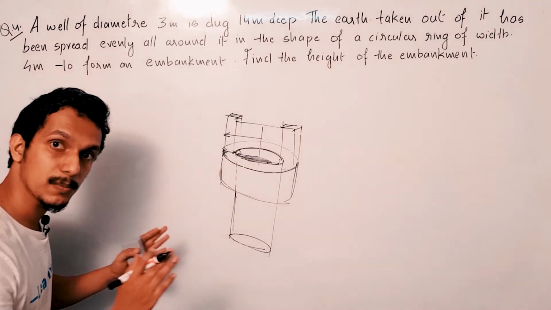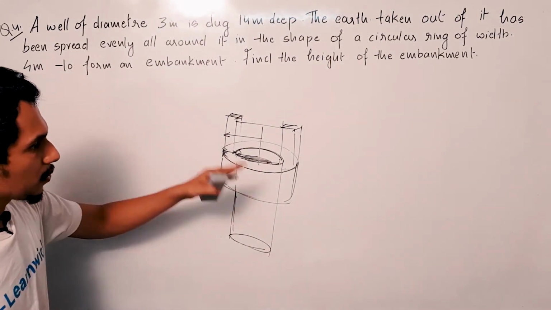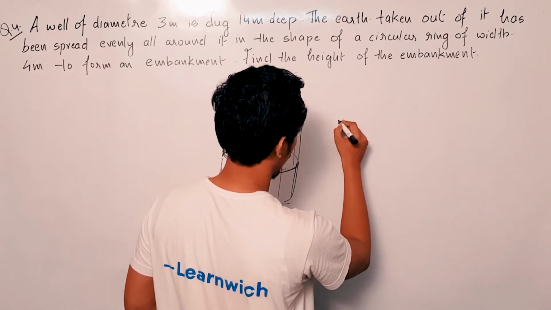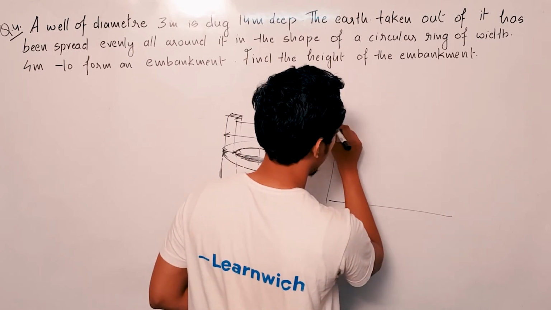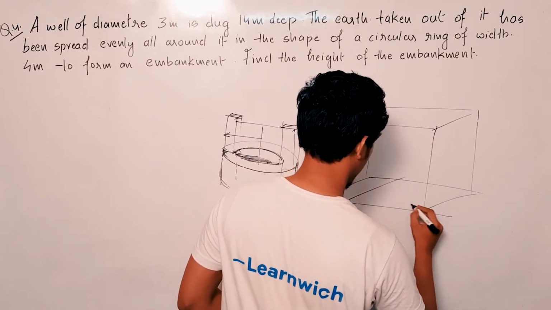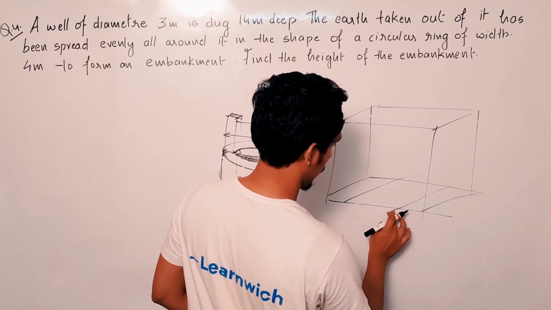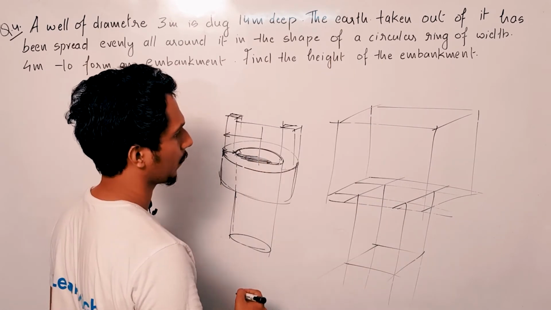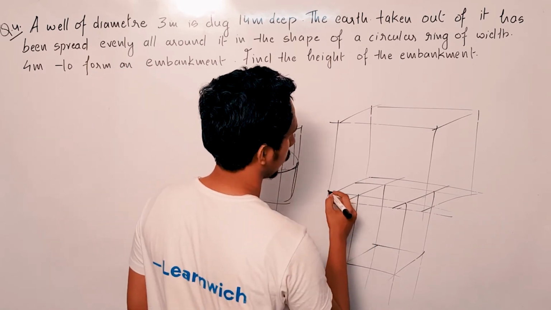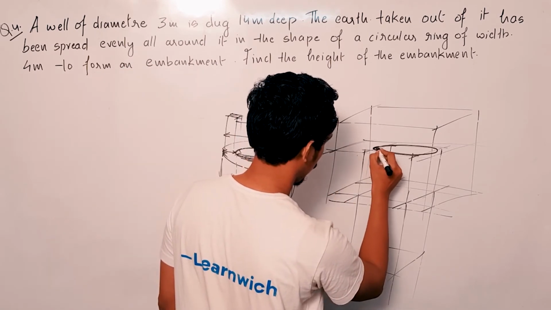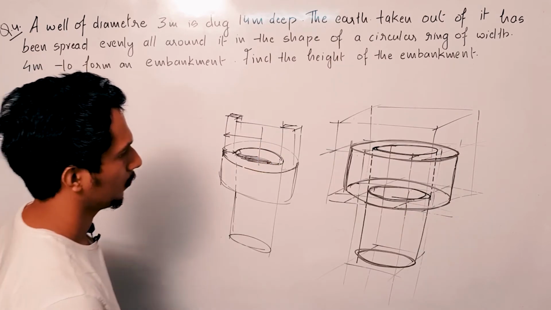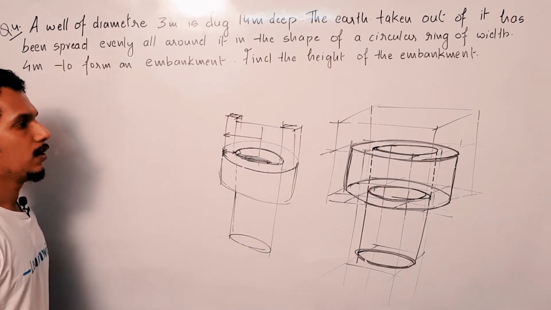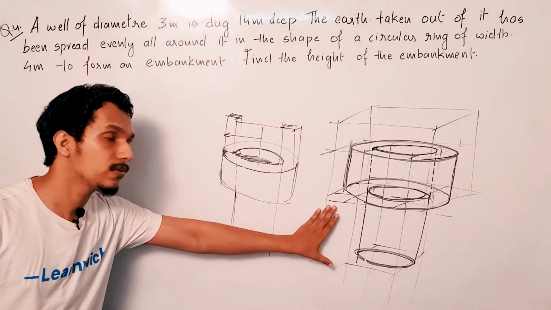Okay, so this is practically what it looks like. I'll just draw a figure to explain things properly to you. So let's draw a well and the embankment. Okay, so this is how the final figure looks like.